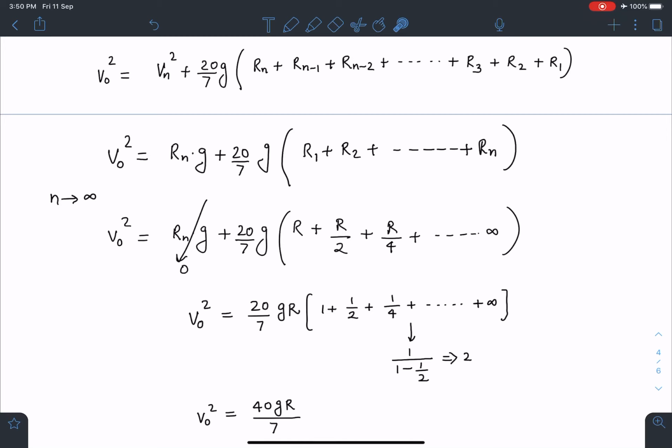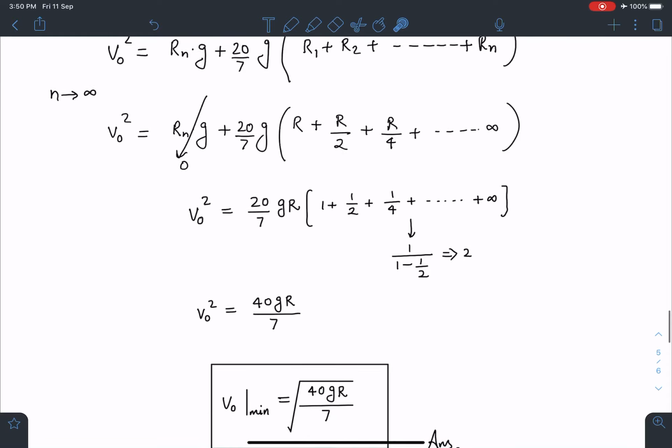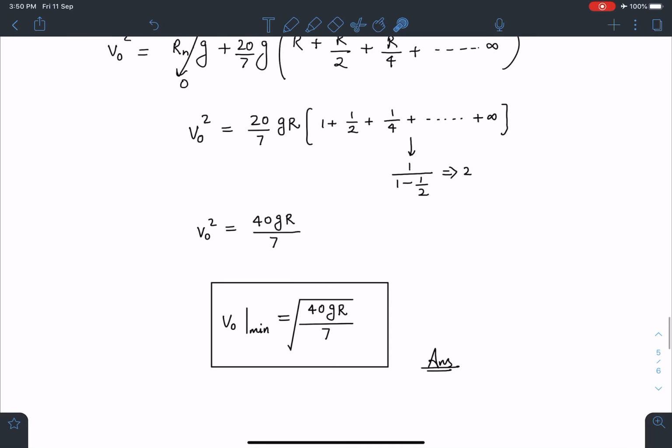So if n is tending to infinity, this radius is going to be almost 0, r by infinity, so that is nearly 0, and this will become 20 by 7 g r plus r by 2 plus r by 4 up till infinity. And if I further simplify it, I am going to get this value as root of 47 gr.